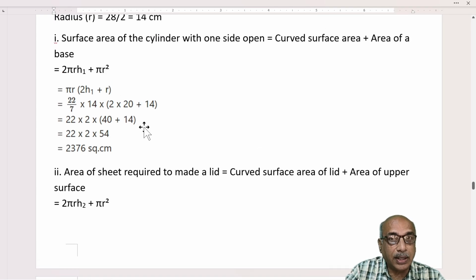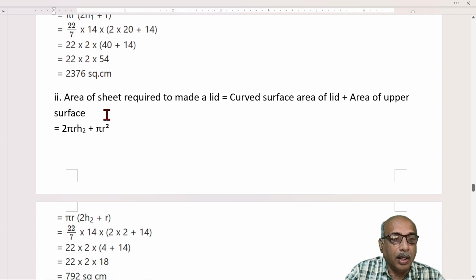This is the total surface area of the cylinder, total in the sense, not the lid. Area of sheet required to make the lid: curved surface area of the lid, as it is having height, and area of the upper surface. Formula remains the same, only the height changes.